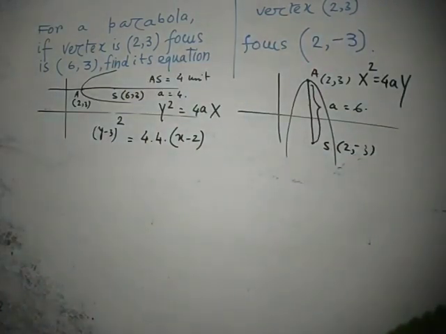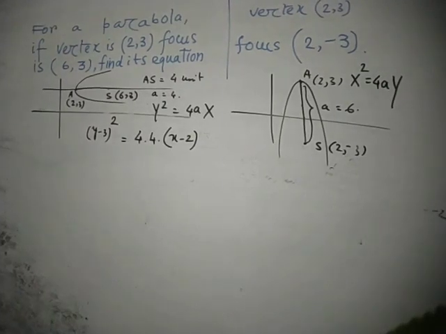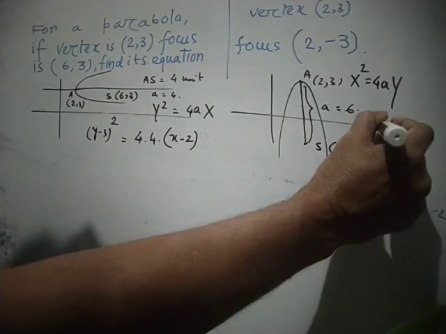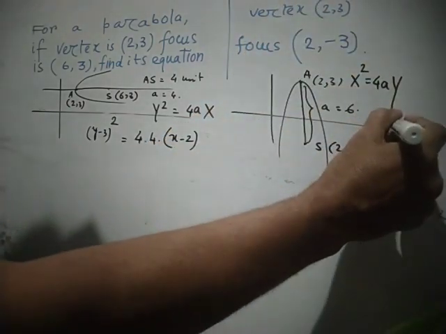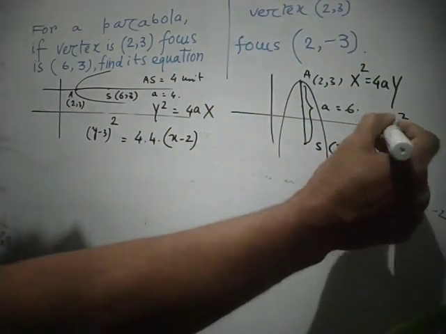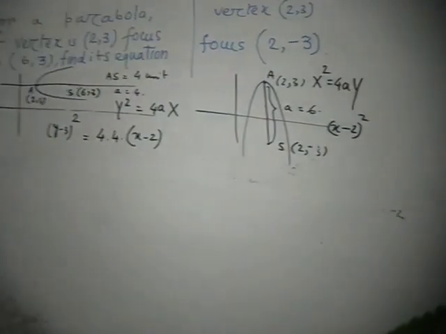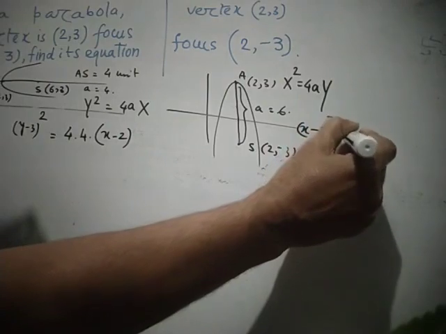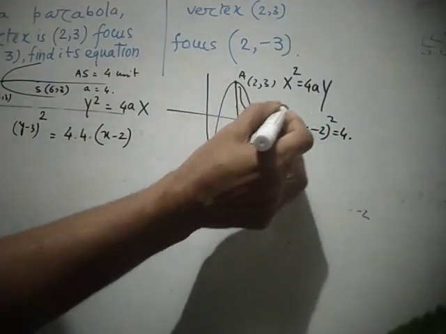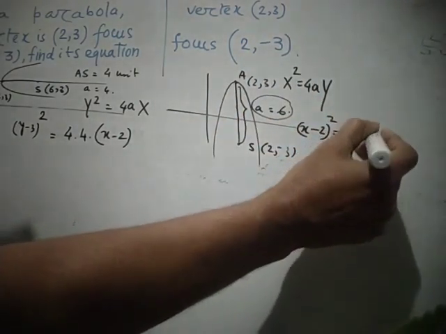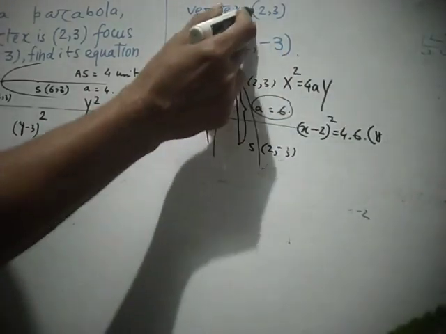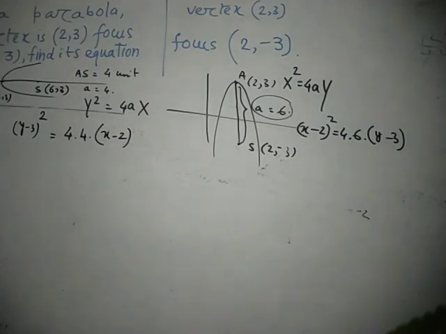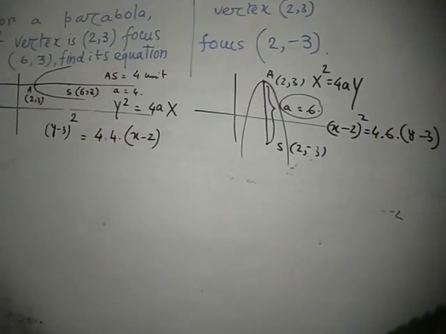Now this equation in x and y will be: (x minus 2) whole square equals 4, a value we already found, a equals 6, into (y minus 3). But we will not do it this way.